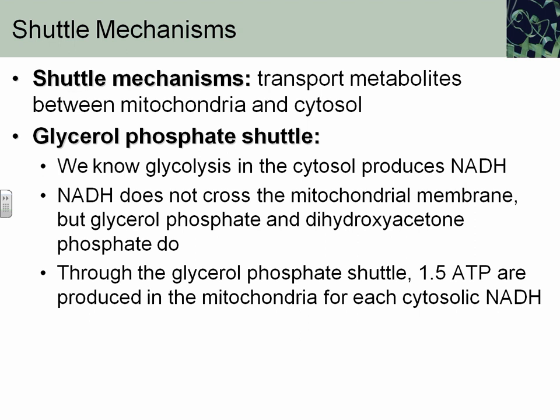Recall that from glycolysis, we had a net of 2 ATPs and 2 NADH molecules. Experimentally, we can see that for every NADH molecule, we get the equivalent of approximately 2.5 ATPs. Now, how can this possibly make sense?